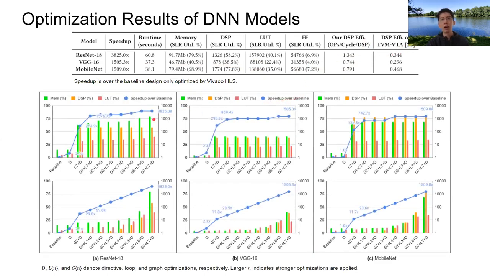And to evaluate how the directive, loop, and graph level optimizations have effect on those large benchmarks, we apply an ablation study on top of these 3 benchmarks. If we look at the ResNet-18 benchmark, the D here represents the directive optimizations, L represents loop optimization, while G is graph optimization.